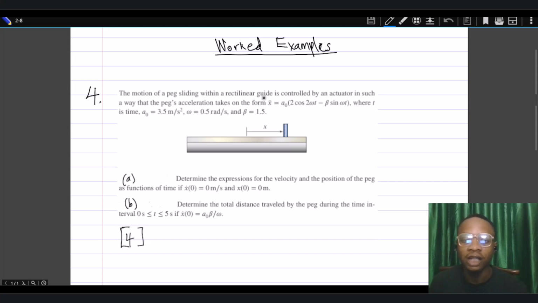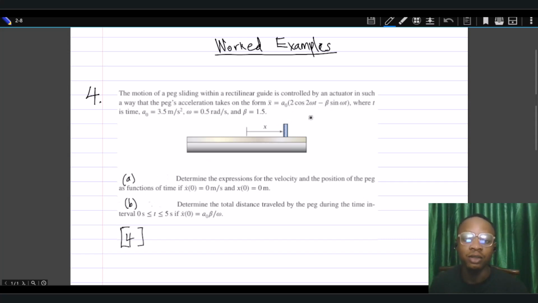This is a constant. So looking at this equation, x dot dot is only a function of time. A naught is a constant, omega is a constant, beta is a constant. So the only variable here is t. So this is acceleration depending on t.